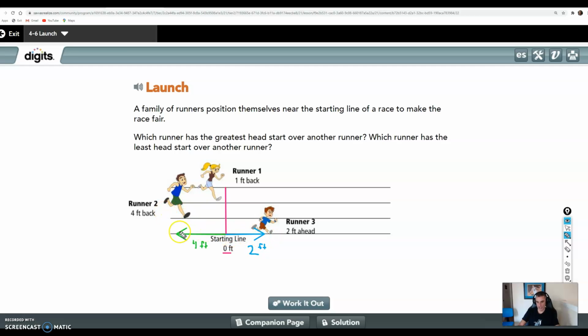Well, you can see my arrows here. I'm just going to add the length of these two arrows together, right? I have 2 feet and 4 feet. So the total distance, the actual distance from Dad way in the back to Junior way in the front is 6 feet.